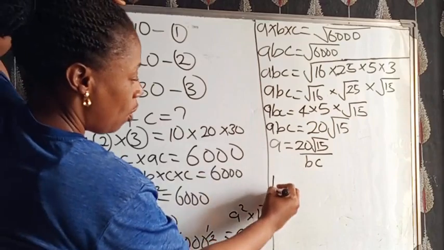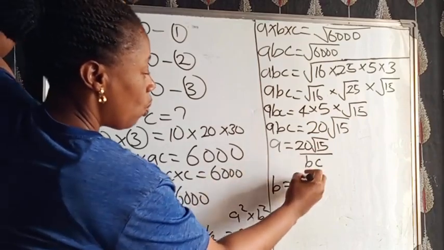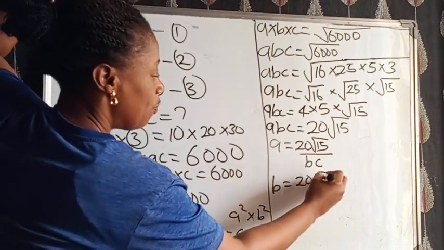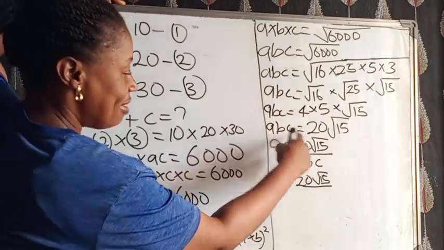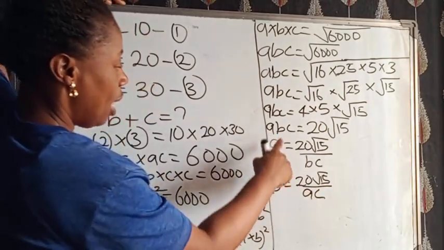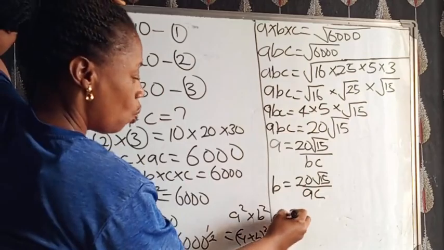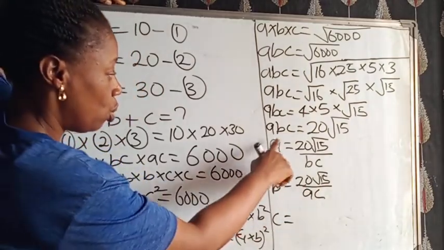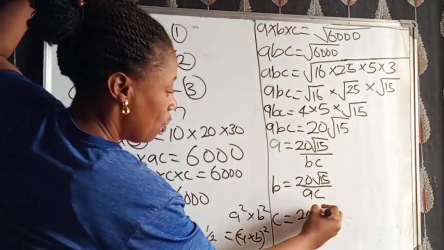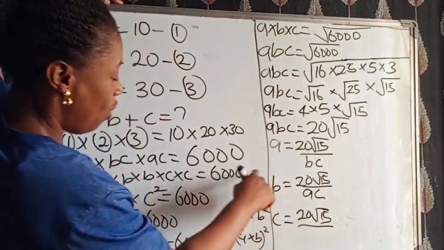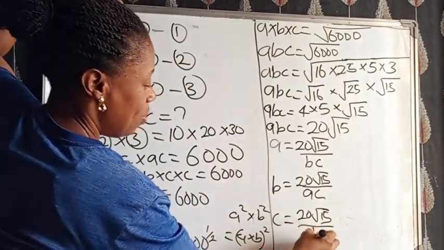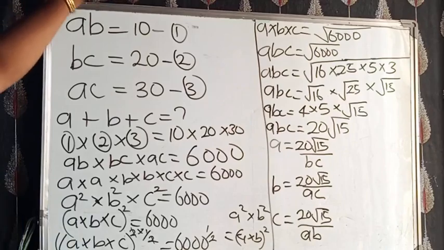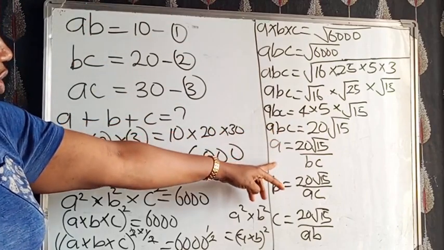B here will be equal to 20 root 15 all over AC. And then C here will be equal to 20 root 15 all over AB. I hope you're following. We are making each of them the subject of the formula here.